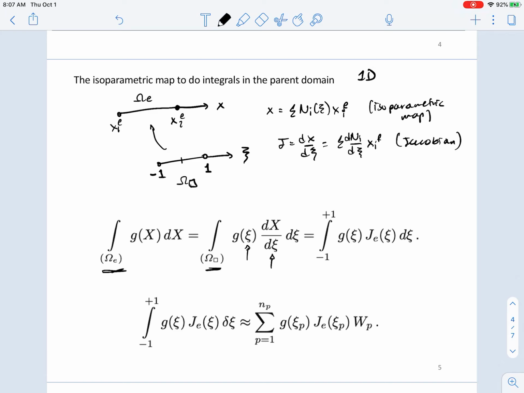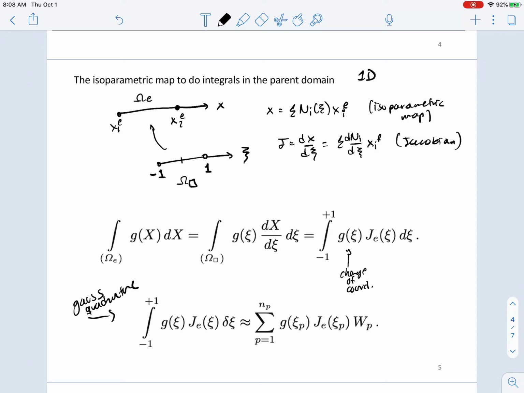What we would need to do is an integral from -1 to 1 of the function, but in terms of xi, times the Jacobian, integrated over xi. I just did a change of coordinates, so it's the same function, but with a change of coordinates, times the Jacobian, and then integrate that over xi.